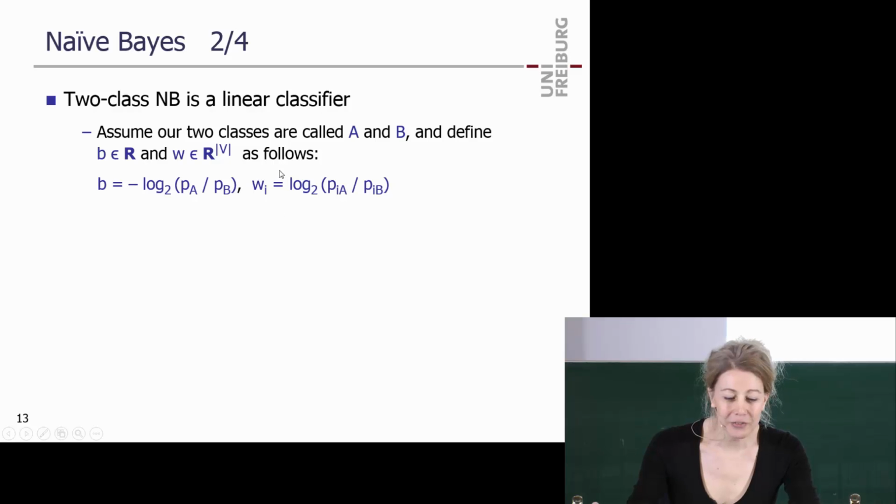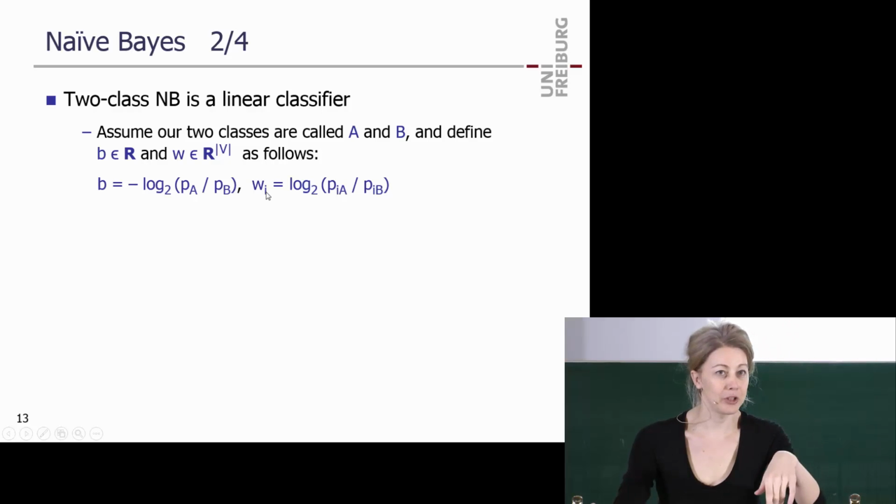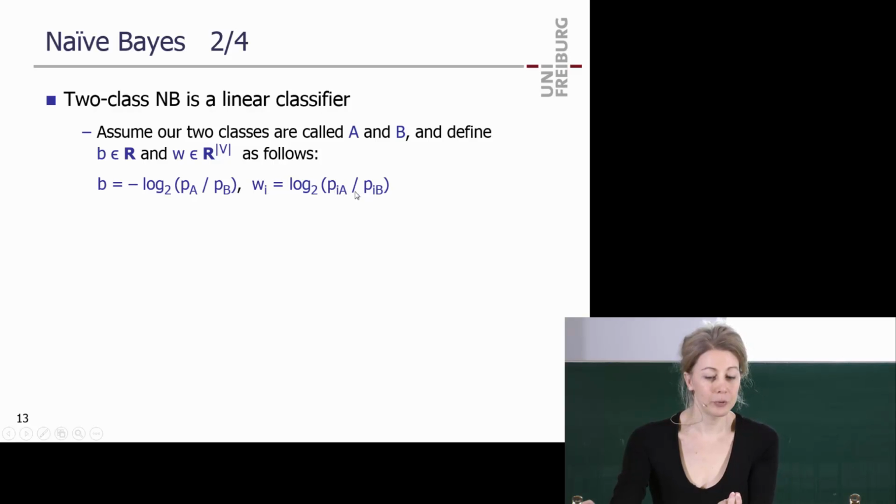I just define my W, which is the normal vector, as follows. It has 1 component per word. And the component for the ith word is just the logarithm of the quotient of these 2 probabilities. And the b, which is just an offset, a number, is just the logarithm of the quotient of the 2 class priors, 2 probabilities, and the minus.